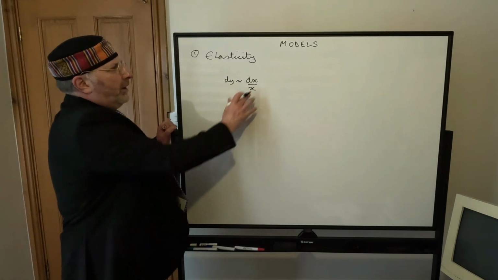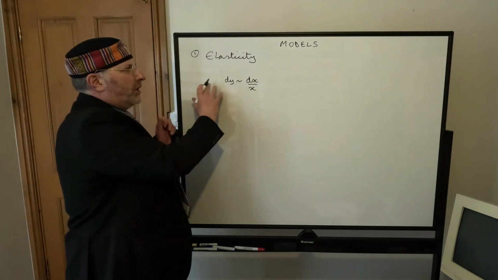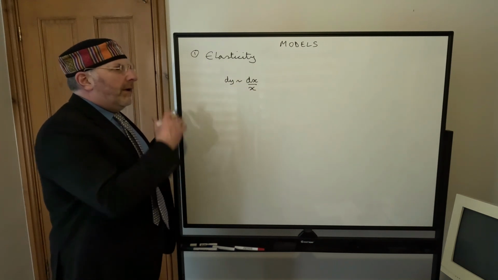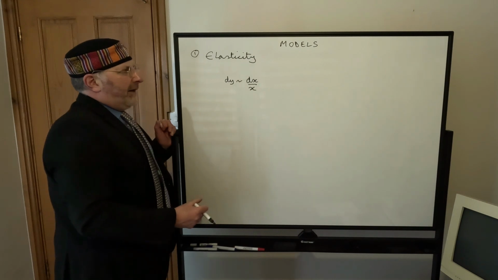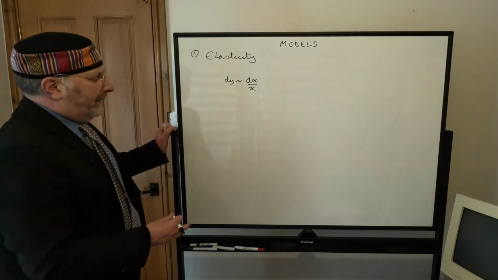And that was a Weber-Fechner type situation, and that gives rise to an exponential law, that x is proportional to e to the y.